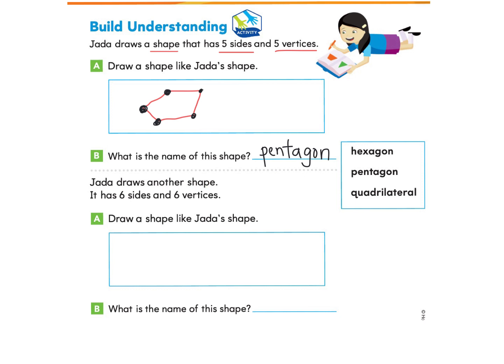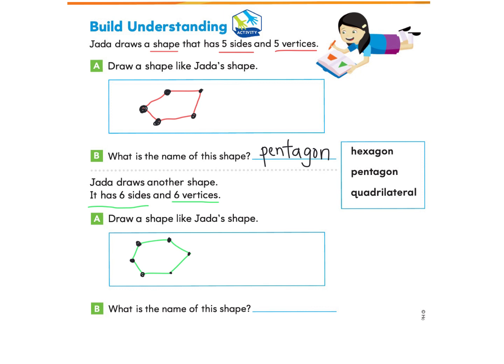Great job. Jada draws another shape. It has 6 sides and 6 vertices. Draw a shape like Jada's shape. Okay, so I'm ready to draw a shape that has 6 sides. 1, 2, 3, 4, 5, 6. I know it has 6 sides. Now I'm going to check the vertices. 1, 2, 3, 4, 5, 6.